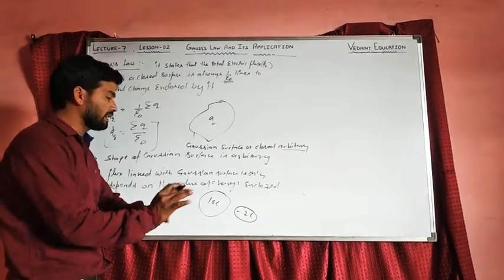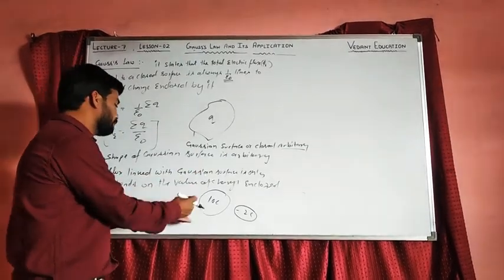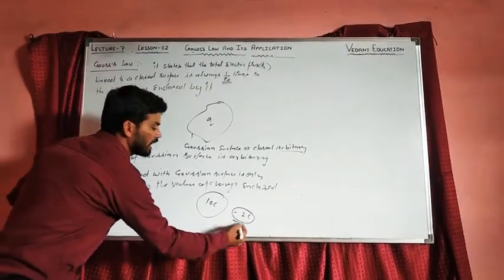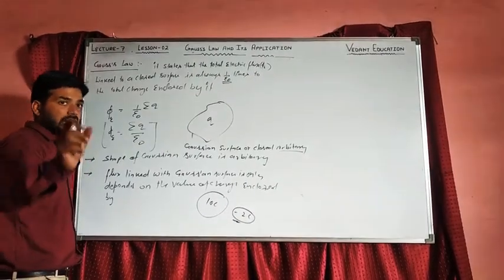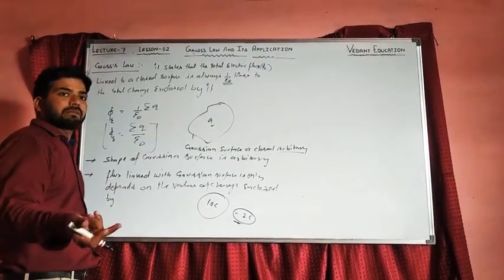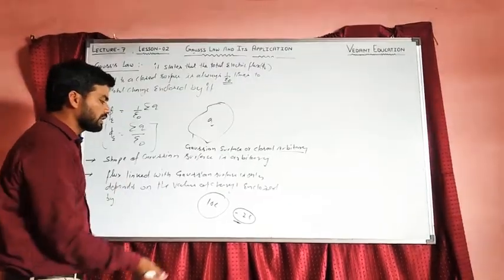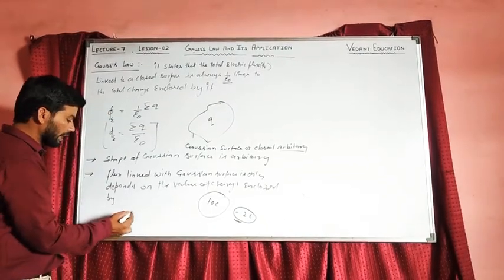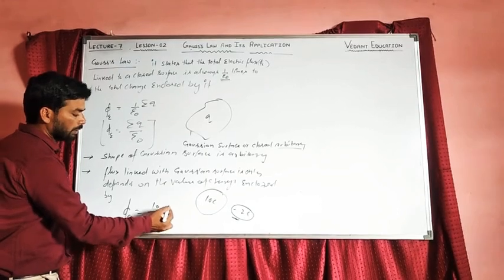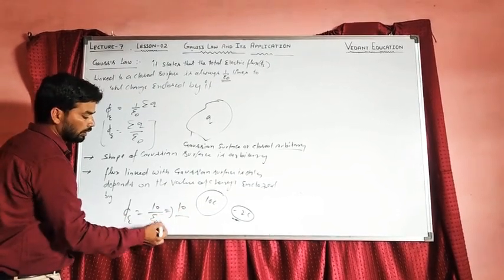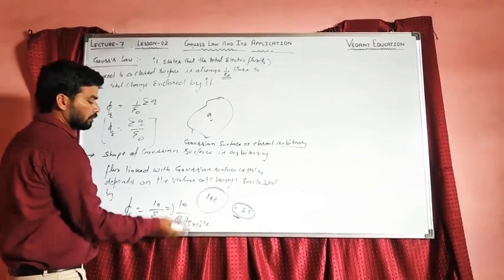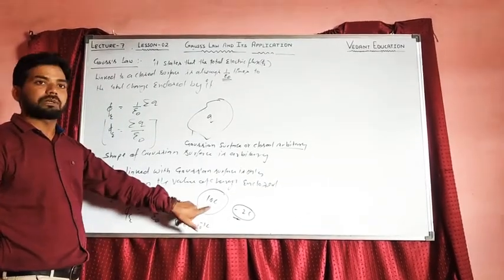It always depends on the value of charge placed inside the Gaussian surface, not on the charge placed outside the surface. Remember this point, it is very important. So the value of flux here is 10 divided by epsilon 0, putting epsilon 0 as 8.85 times 10 power minus 12, you will calculate the value of flux linked with the surface.